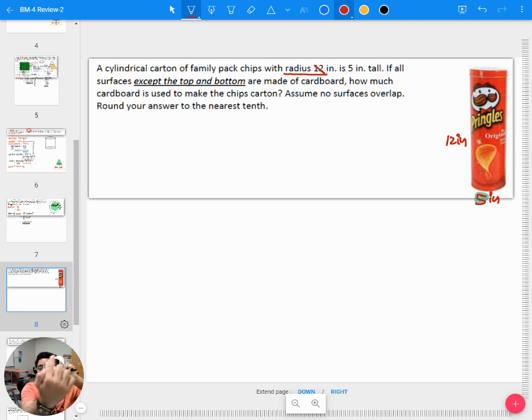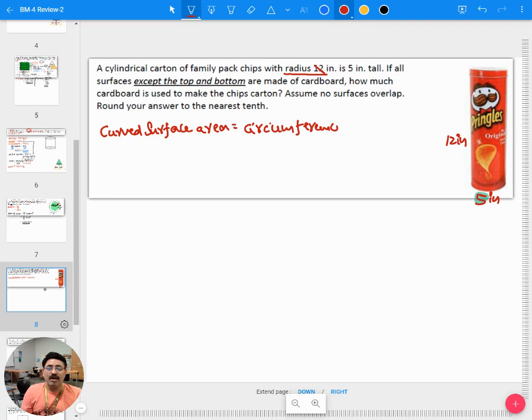The length of the boundary of a circle, we call it circumference. Therefore, let me write the formula: curved surface area equals circumference of circle multiplied by height.